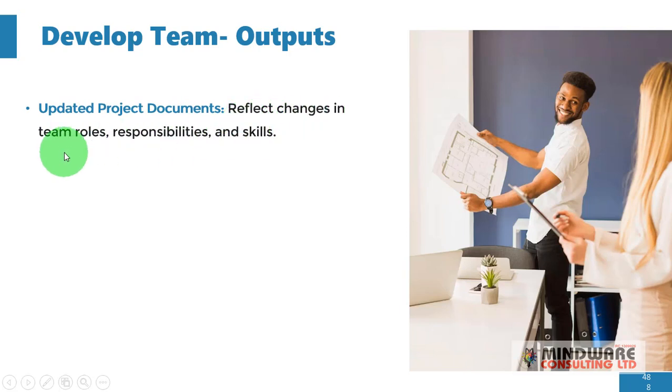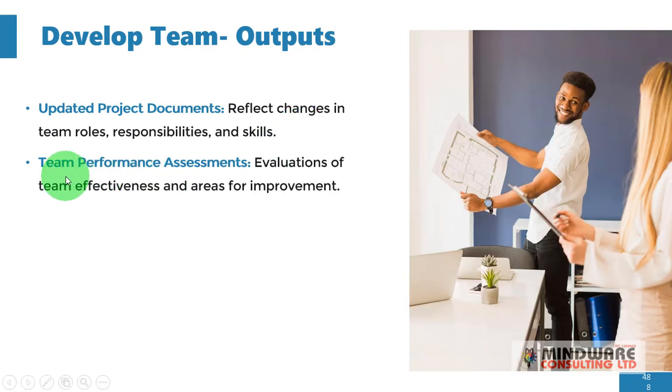Reflect changes in team roles, responsibilities, and skills. So this document is going to reflect whatever changes have been made in terms of the roles for a particular team member or some team members, their responsibilities as well as their skills.